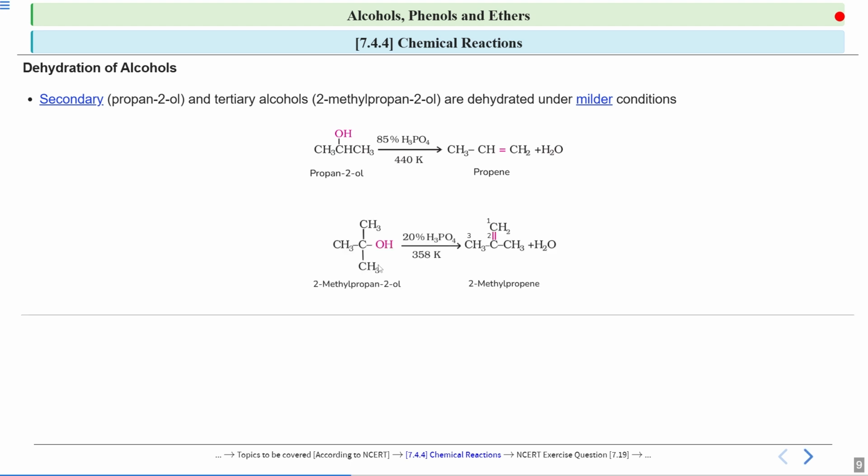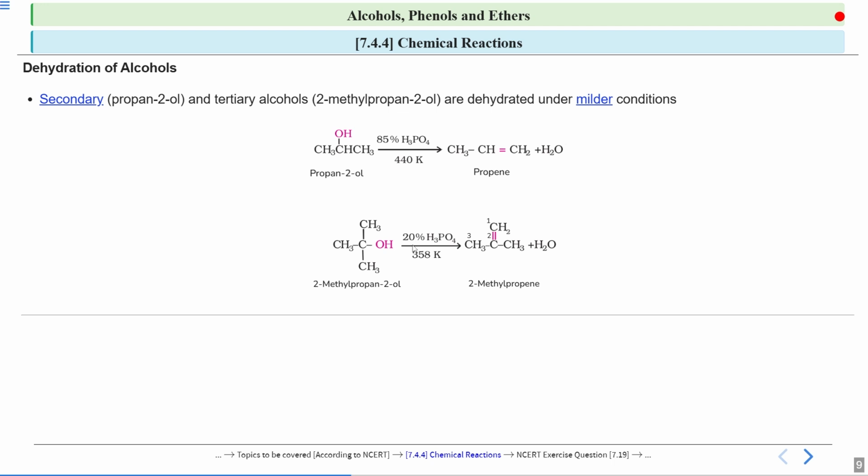If we look at this tertiary alcohol, the carbon to which the OH group is attached is further connected to 3 other carbon atoms. So this is 2-methylpropan-2-ol. To this second carbon, 1 methyl group is attached, and the OH group is also attached. Now here only 20% concentration of acid is required, that is 20% H3PO4.